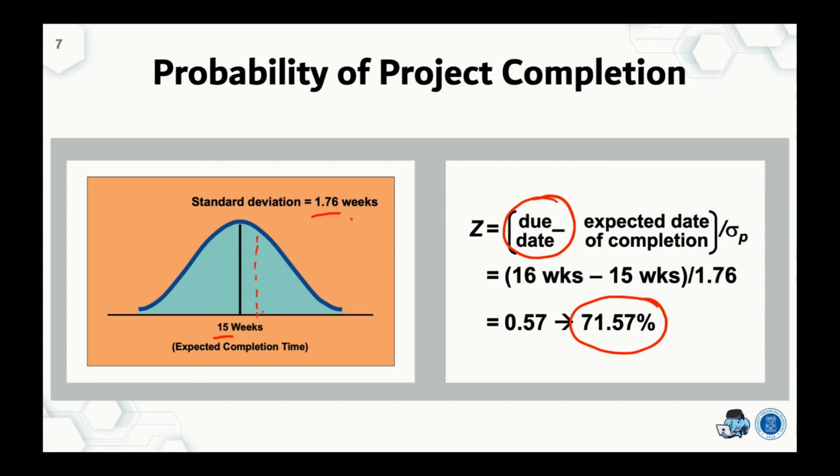The probability of completion is the area, the region shaded on the left-hand side. The probability of the project completion time being exactly the expected completion time is 50%.